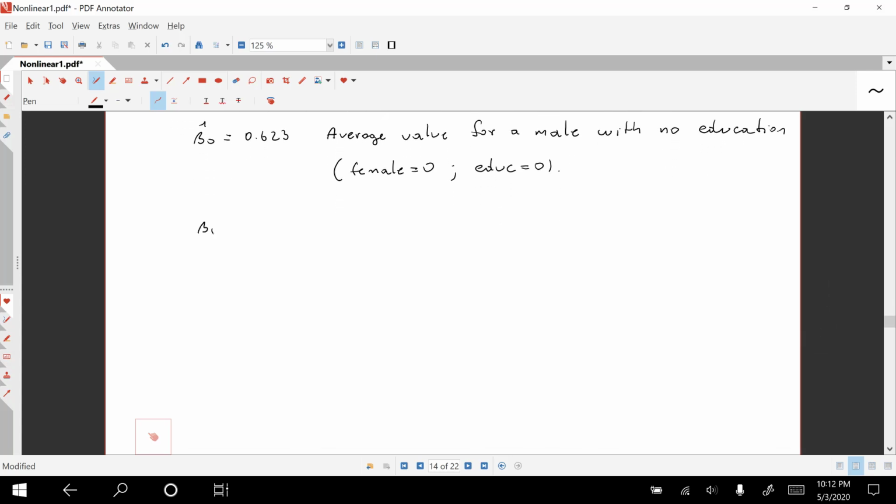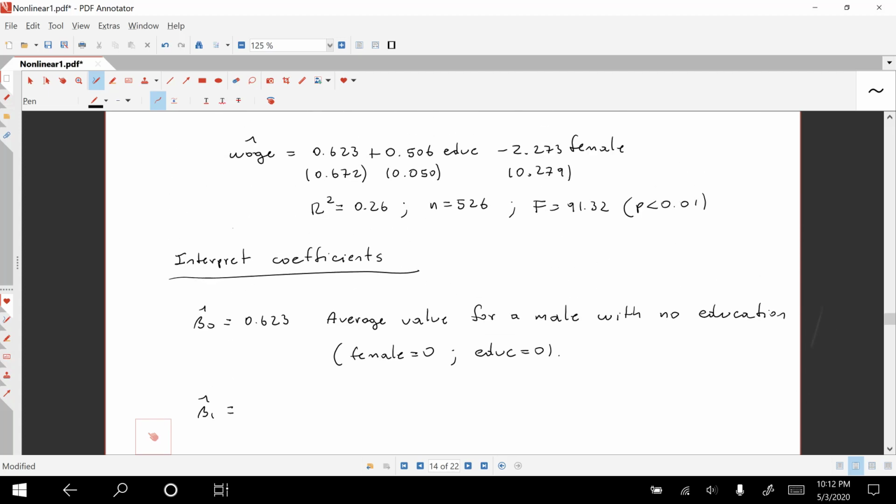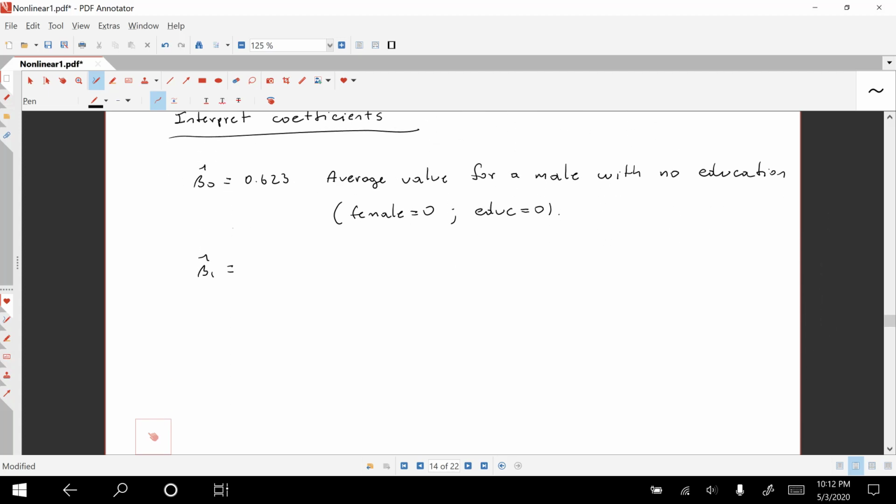Let's look at the other coefficients. Now the coefficient related to education, which is 0.506. The interpretation is that each additional year of education increases average wages by $0.506 per hour, ceteris paribus.